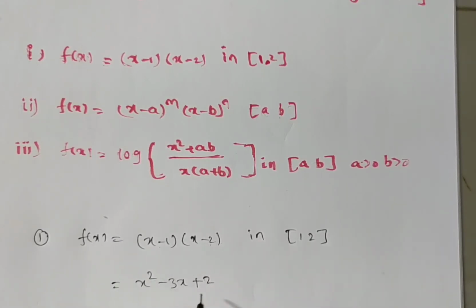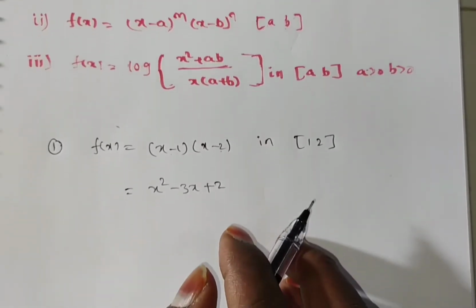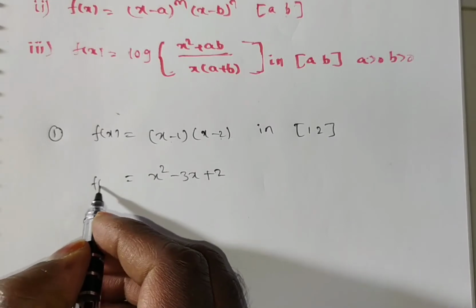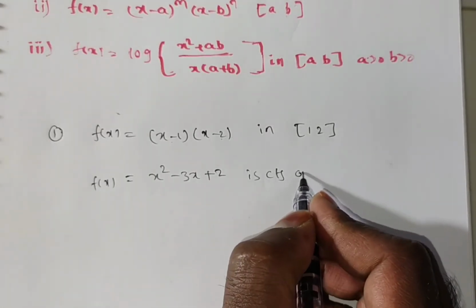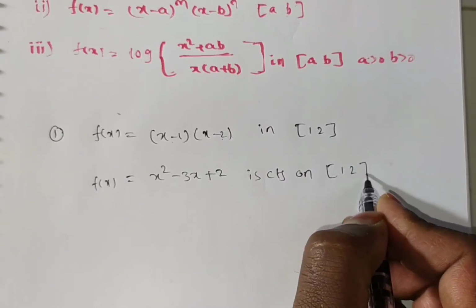Every algebraic polynomial is continuous, that you know very well. x squared is continuous, x is continuous, a constant function is continuous, so the sum is also continuous. So f of x is continuous on the closed interval [1, 2].